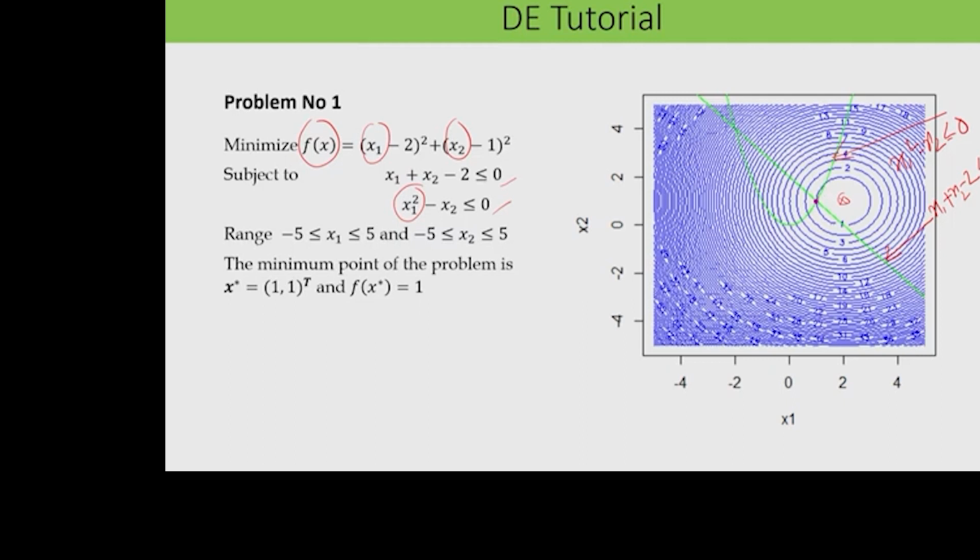The constrained optimal solution of this problem is somewhere here, and the solution is 1, 1, and the function value is 1.